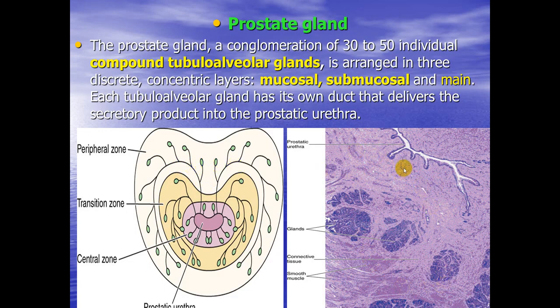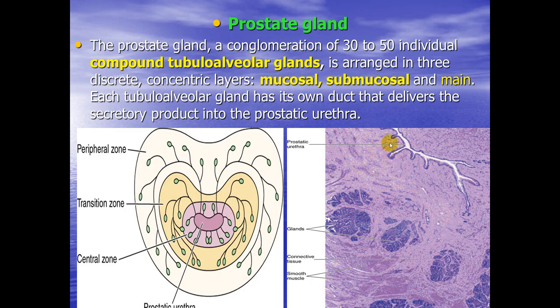It is a light microscopic picture, after hematoxylin and eosin staining. On the section is visible the urethra, which is covered by the transitional epithelium, and then groups of glands.